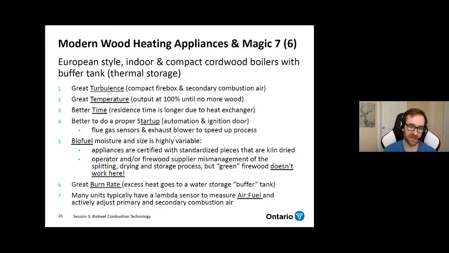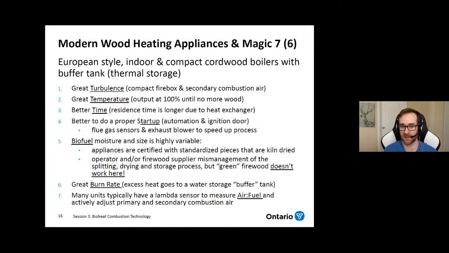The way that they're set up is that when you put wood in them, it would just run at 100% output and essentially dump all that heat in the buffer tank. So really the unit is very easy to set up and to fine tune. And since it doesn't go into that on-off cycle, you wouldn't have that energy that is being lost throughout the day.